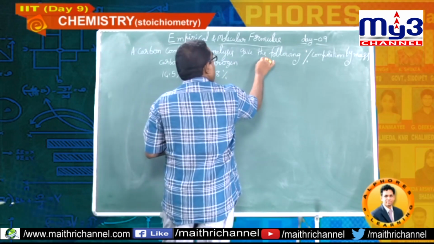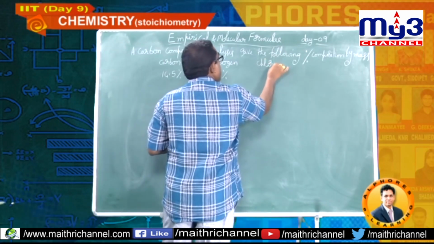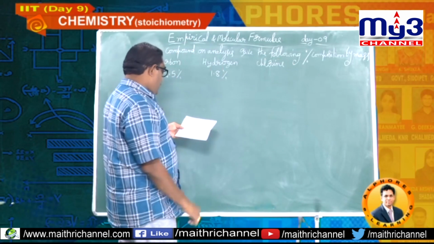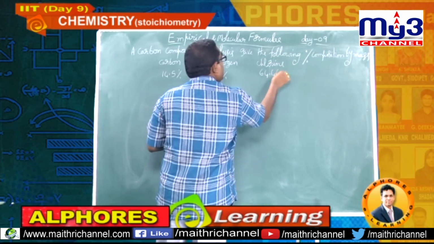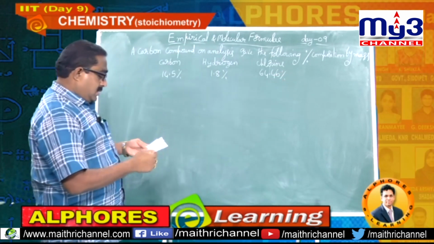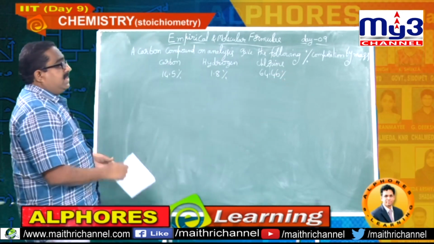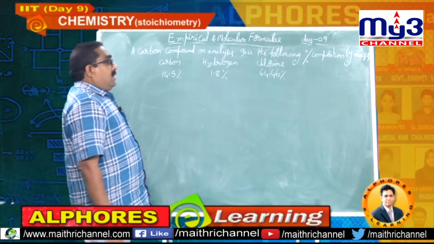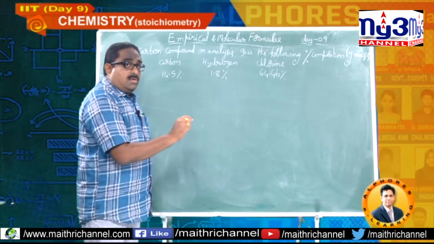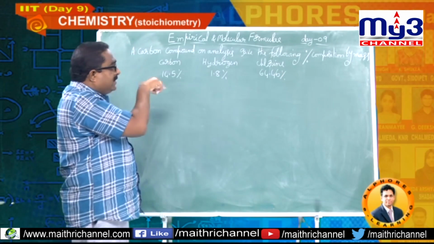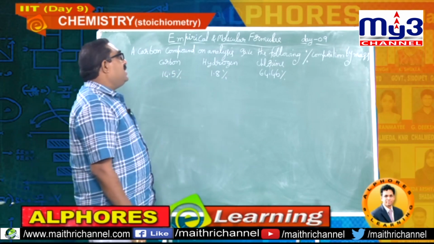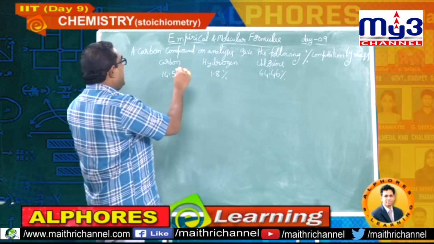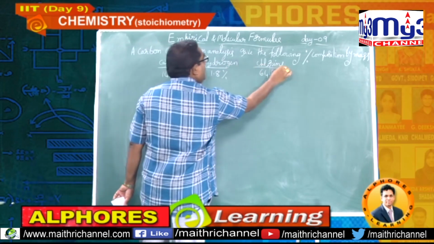And chlorine, I am writing here, and chlorine 64.46%. Now, you have to calculate the empirical formula of this compound. Okay, this is the percentage compositions given.